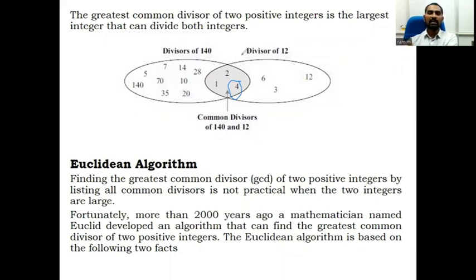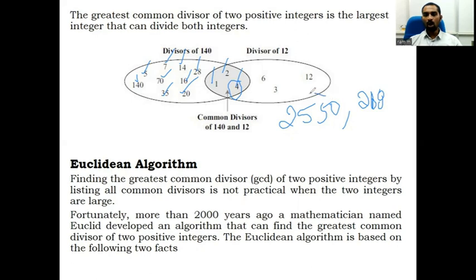Now we have seen 2 and 10, where we got smaller values. If you consider 140, how many divisors did we get? Around 12 divisors. For example, if there is a question like this, find the GCD for 2550 and 268, how are we going to find it?